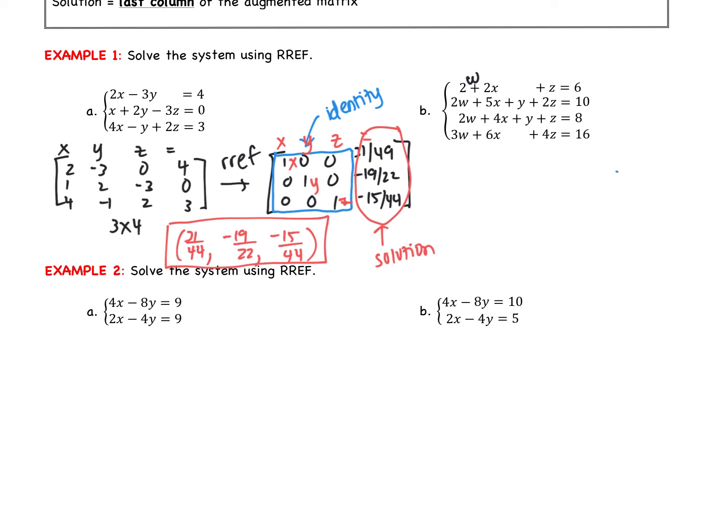Okay, so when we are setting up our matrix, in this case, we have W, X, Y, Z, and the answer. So, first equation is 2W, 2X, 0Y, 1Z equals 6.